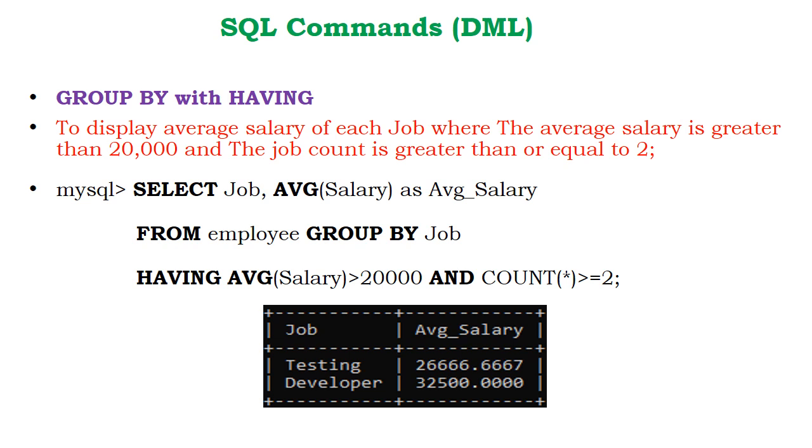So how do we write the query? Select job, then we can calculate the average of salary, which will be shown under the name average salary, from employee group by job. What is the condition here? For example, having average salary greater than 20,000 and count greater than or equal to 2. Then automatically it will filter, then it will display.